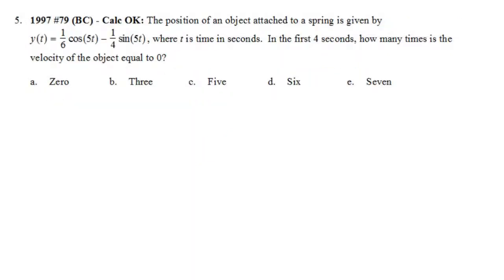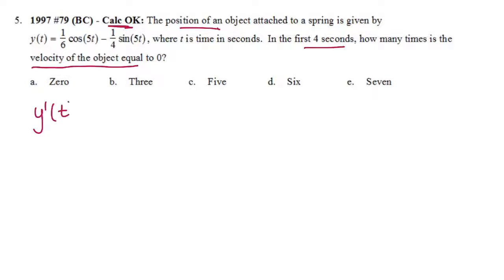For number 5, again, you've got a calculator problem. You've got a position, and you want to know in the first 4 seconds how many times the velocity of the object equals 0. Since we have a position function, we need to look at y prime.